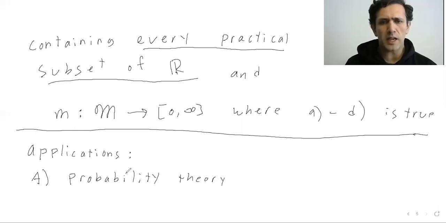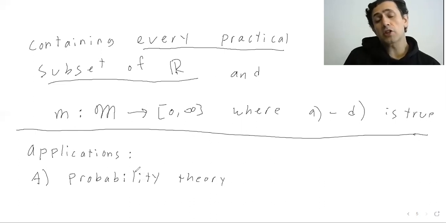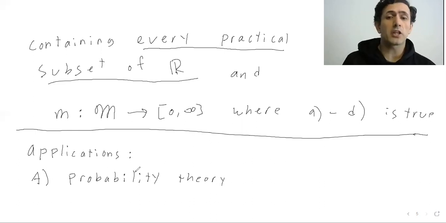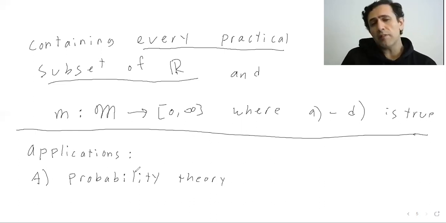I don't want to say much about this because I have two lecture videos on applications of everything in this course to probability theory, and I even talk about some interesting stuff. Particularly, I prove there the Kolmogorov 0-1 law.